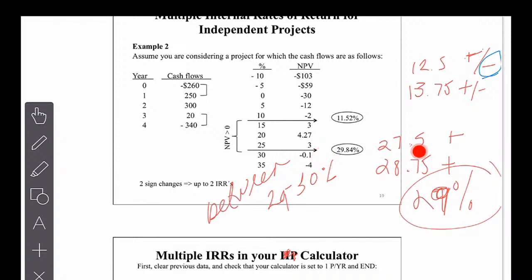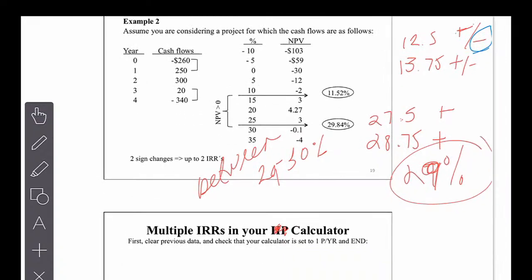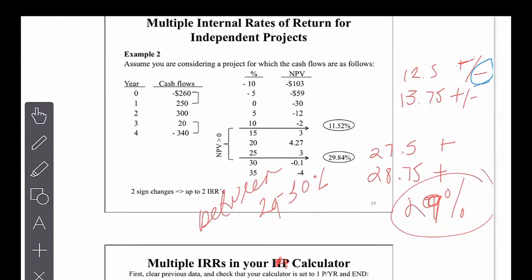We use 27.5, so halfway between. We see it's a positive, we keep going because we're looking for a negative. Go to 28.75, closer and closer to 30 always. Another positive, keep going. So after 29%, it's likely that the negative will appear because by 30, it's a negative. So even 30 would have been fine if you just said 30 on this one.